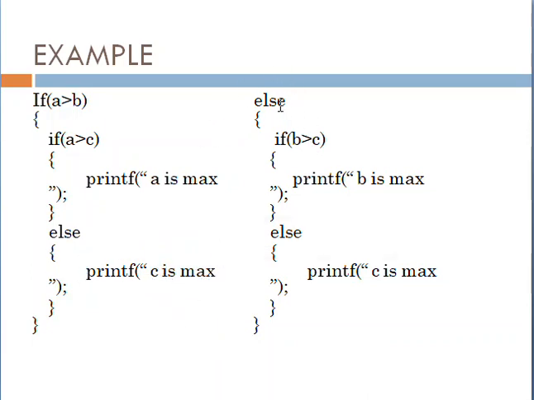Similarly, else if b is greater than c, then printf b is maximum, otherwise c is maximum. So this is the example of nested if else.